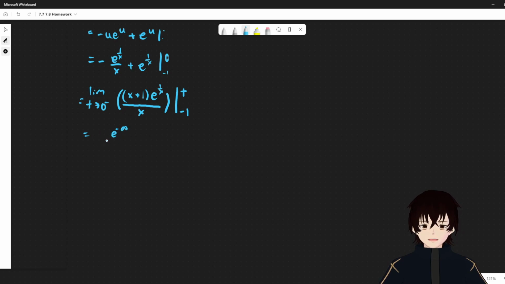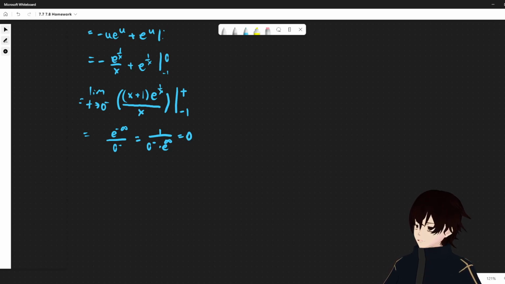It's from negative infinity over 0 from below. So that's 1 over 0 times e to the power of infinity. Wait, so e is going to be greater. If that's the case, then this should be 0?